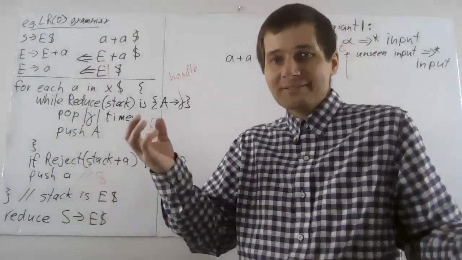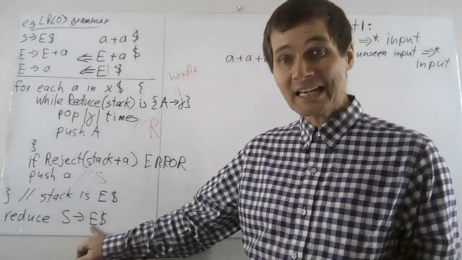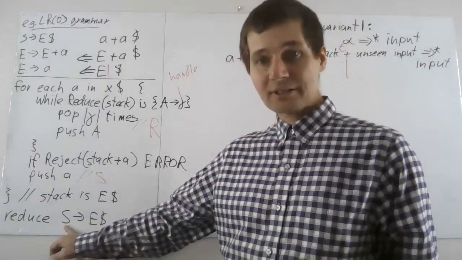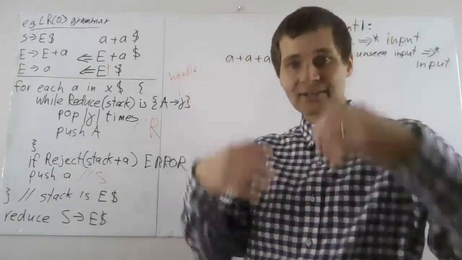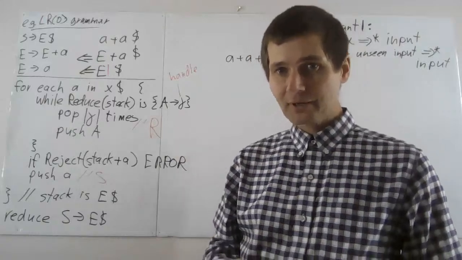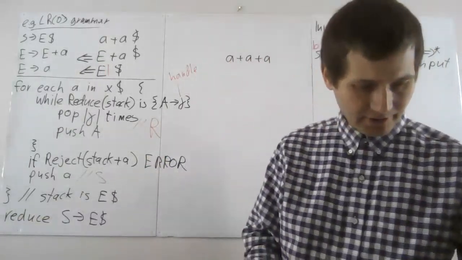So it just depends on whether you want a parse tree that's rooted at E, or a parse tree that's rooted at S with this extra augmenting rule as an extra node in the tree. But yes, to get all the way back to S, you need one more reduction at the end.